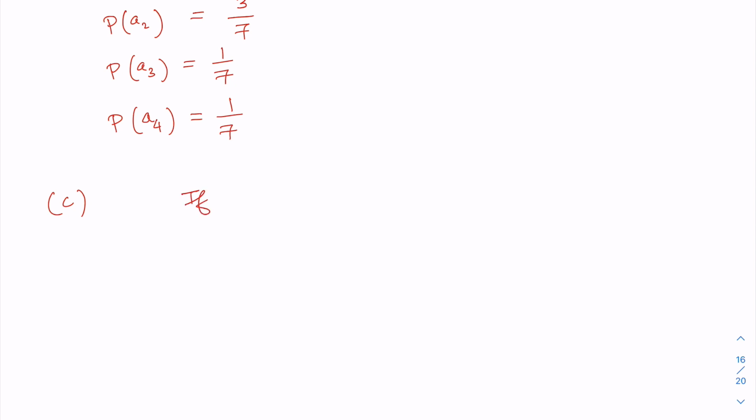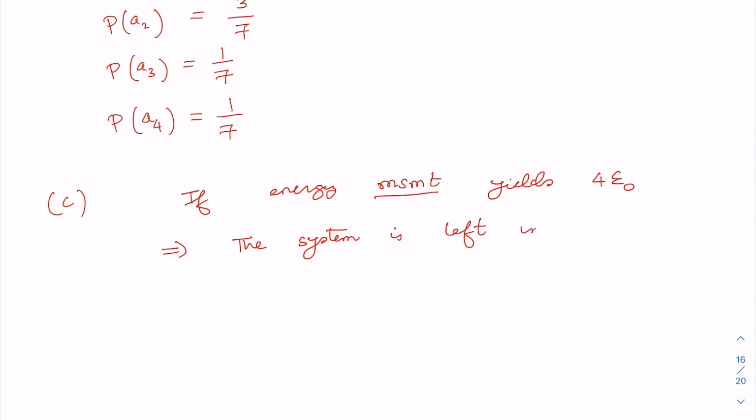So if the energy measurement yields 4E0, this implies the system is left in the state phi 2 immediately.